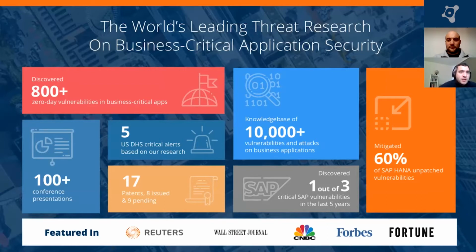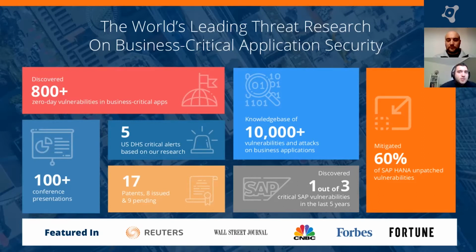We have reported hundreds of different vulnerabilities to vendors. We have been actively collaborating with CERTs and organizations to raise awareness and generate alerts around ongoing activities, threats, vulnerabilities on ERP applications. Of course, presenting in conferences and really just highlighting some of the most relevant parts.